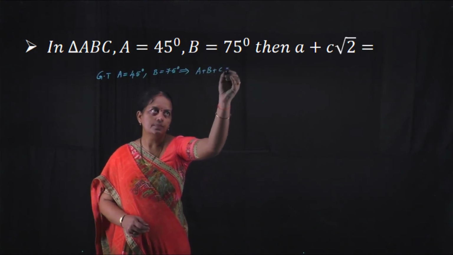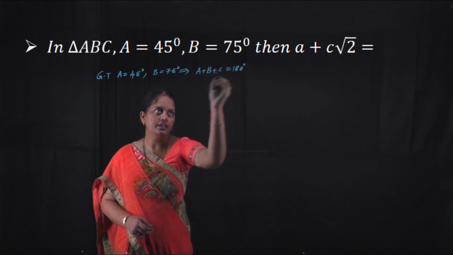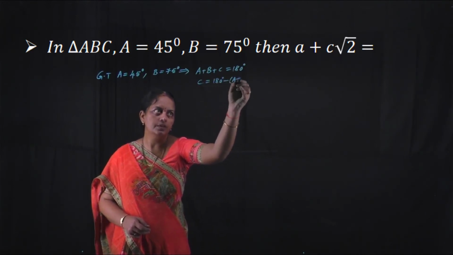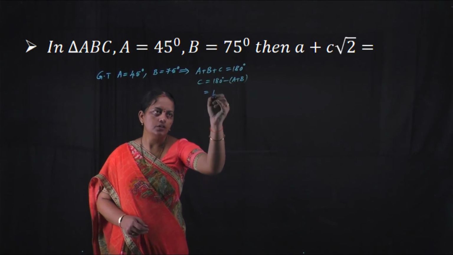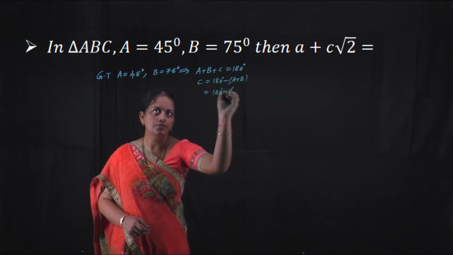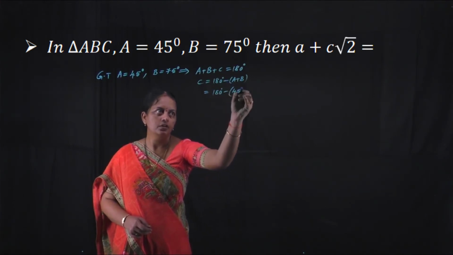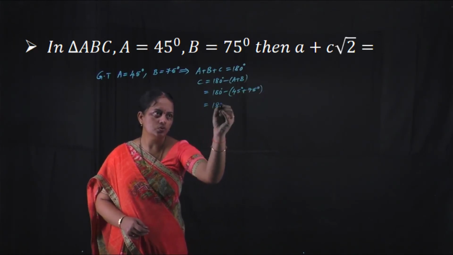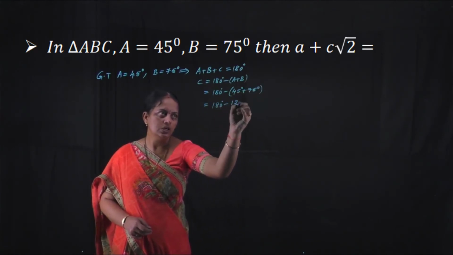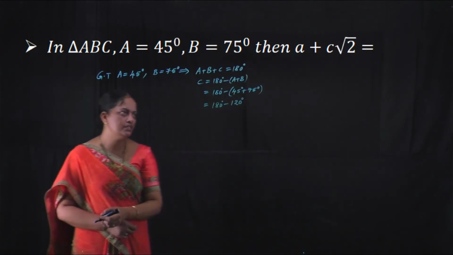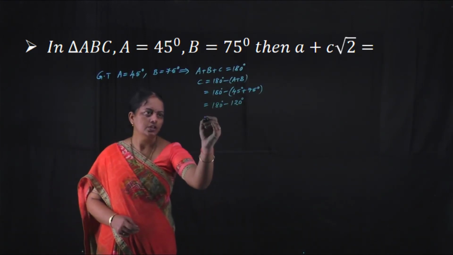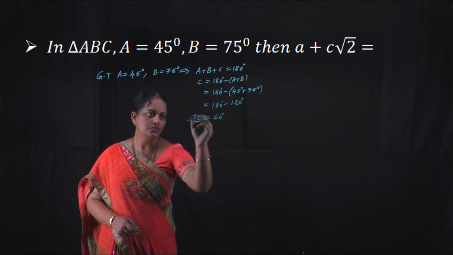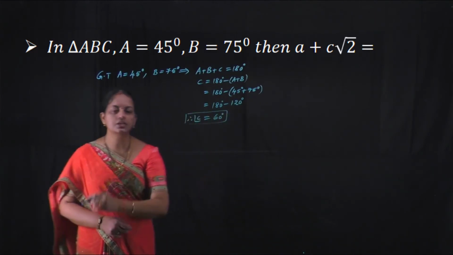So that means A plus B plus C is equal to 180, and C is equal to 180 minus of A plus B. So this is equal to 180 minus, A means 45 and B means 75, so 180 minus 120. 45 plus 75 is 120. So angle C is equal to 180 minus 120, that is 60 degrees.